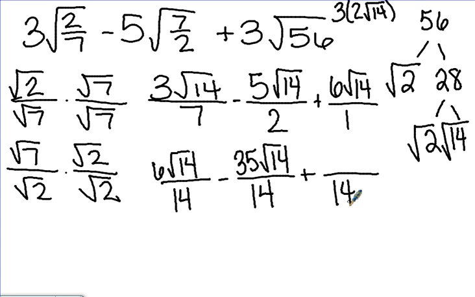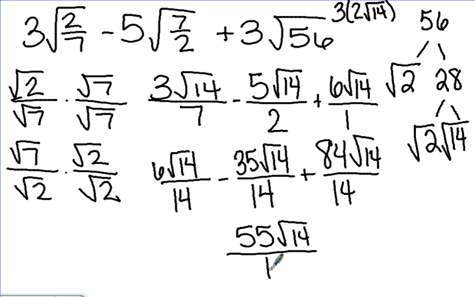And 6 square roots of 14 becomes 84 square roots of 14. Next, we're going to combine like terms. 6 minus 35 is negative 29. Negative 29 plus 84 is 55. And that's 55 root 14 over 14.